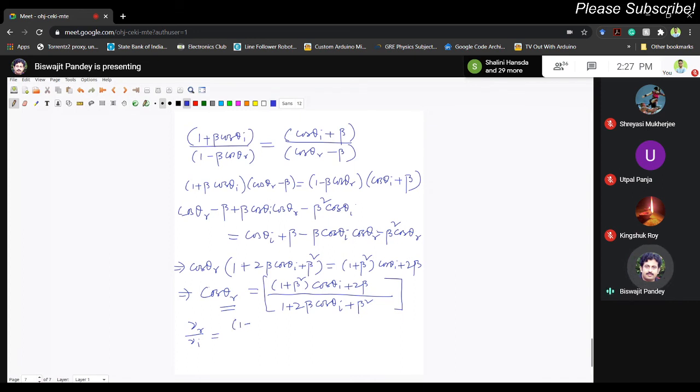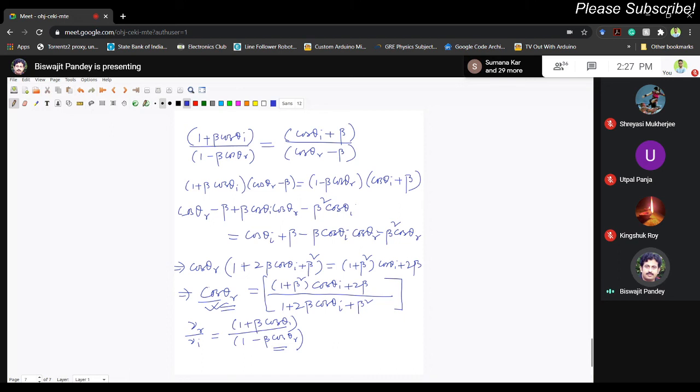For this equation, we got three different expressions for nu r by nu I. I'm just picking one of them; you can use any of them: (1 plus beta cos theta I) divided by (1 minus beta cos theta r). Cos theta r is already obtained, so you plug it in. You just have to do one page of algebra.